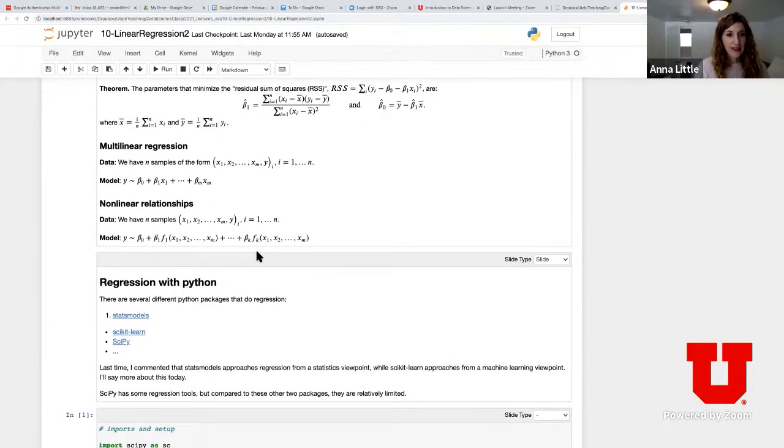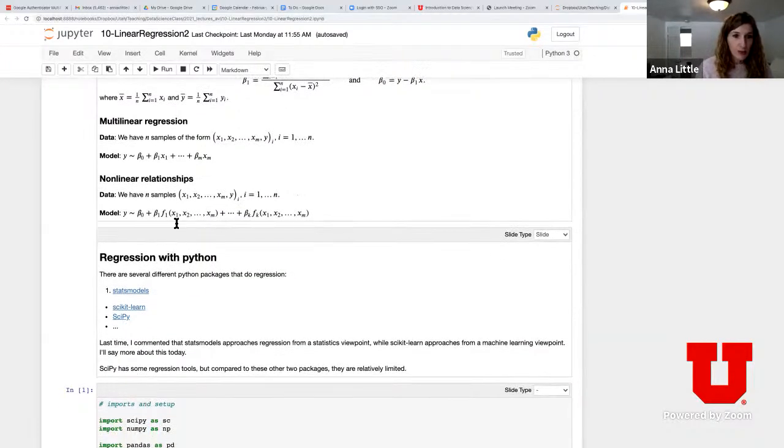Okay, and then we also talked a little bit at the end of class about nonlinear relationships. This general framework is actually very powerful, and so we could think about replacing x1 with any kind of function of the variables. So here we could think of modeling y as some intercept plus coefficient beta 1 times some nonlinear function of the variables, right?